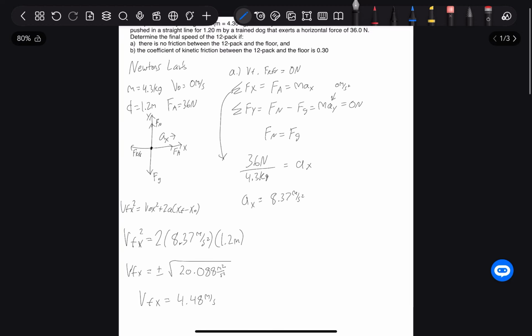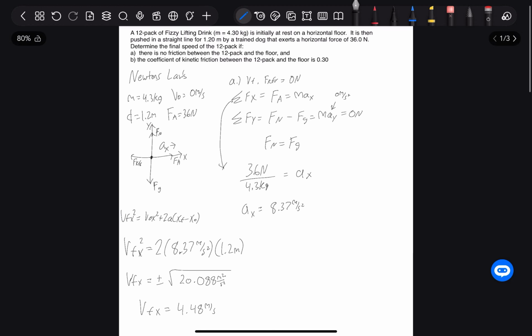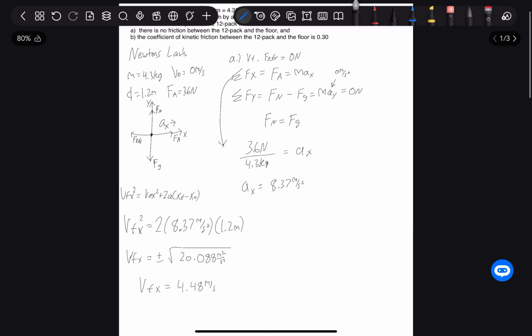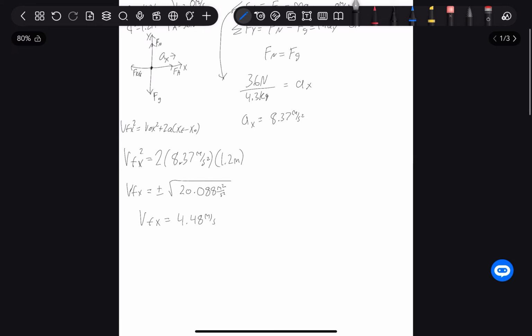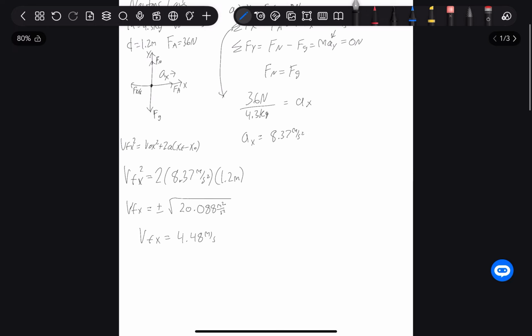And so part B, we have the same situation here, but we're considering the force of kinetic friction to be present. So it's non-zero, and the coefficient is provided as 0.30. So I'll do the problem here. We're going to be using the same free body diagram as this situation is identical.